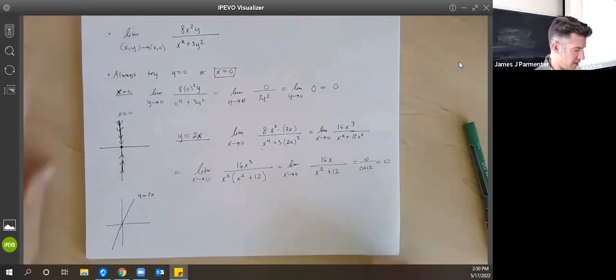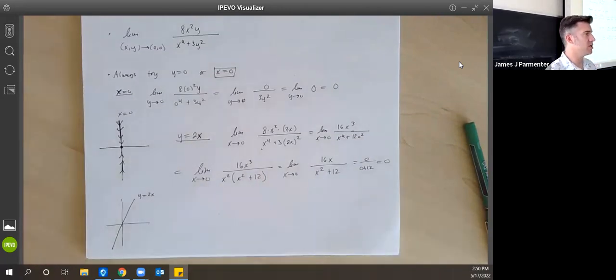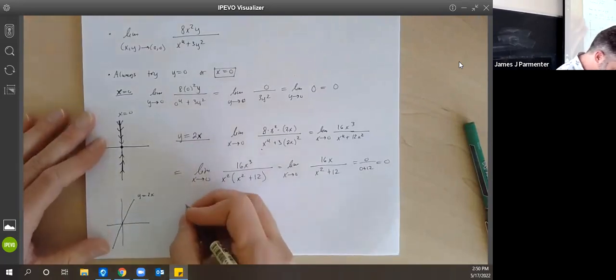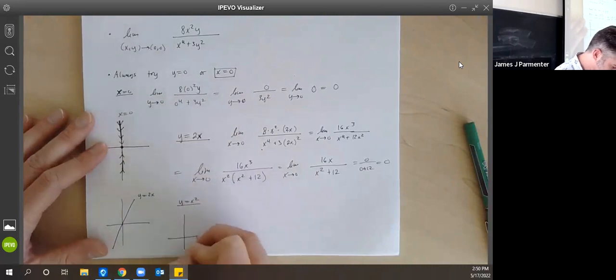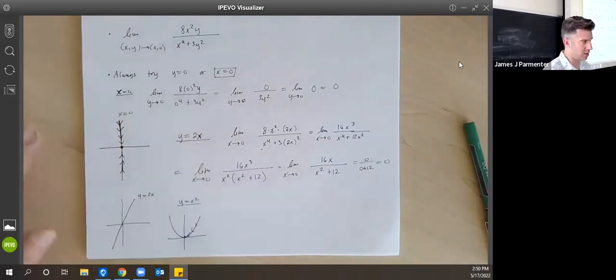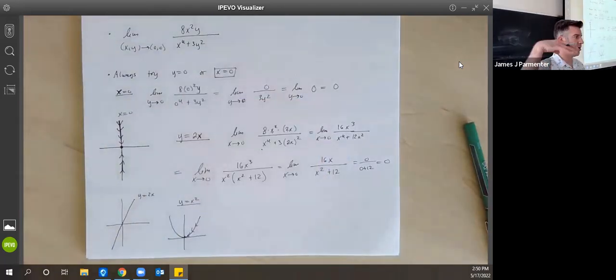So then I start thinking about, well, what about y equals x squared? I kind of usually just start going up with higher powers. Now, when I do this, I try to think about if I plugged in x squared for y, I'm really often trying to make a choice so that when I simplify my expression, the highest power on top and the highest power on the bottom are the same.